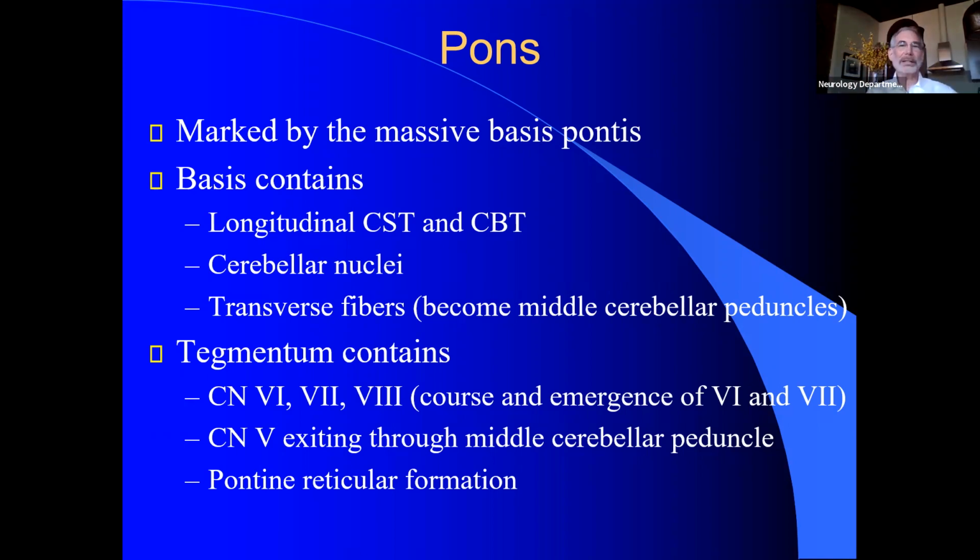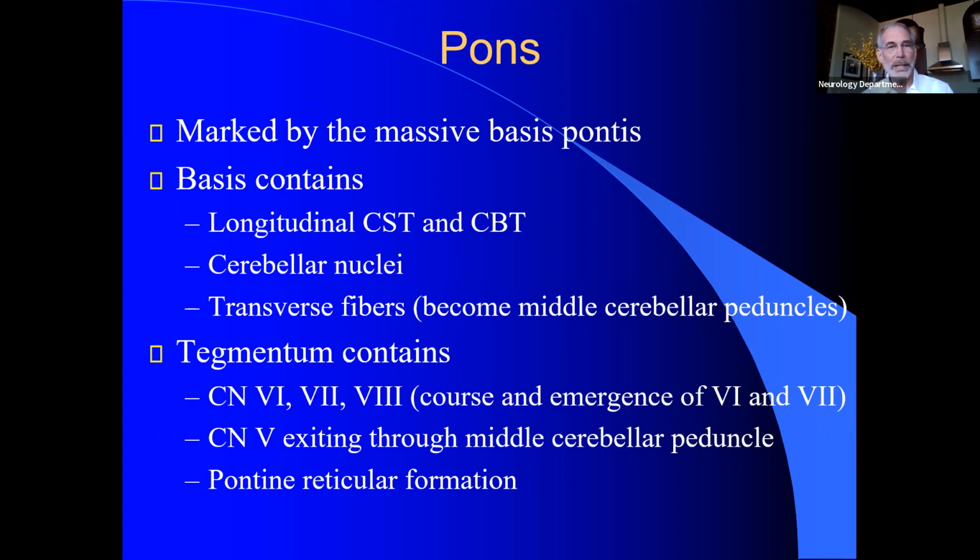Those corticopontine fibers emerging from cortex are going to synapse on neurons within the pontine nuclei.